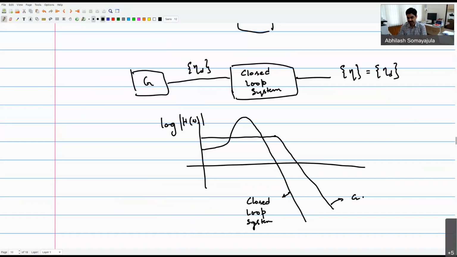Now, can you think and tell me what your thought process should be? If the closed loop system's transfer function looks like what I have drawn there, and the guidance system's transfer function looks like the one we have drawn there, is this a good guidance system?